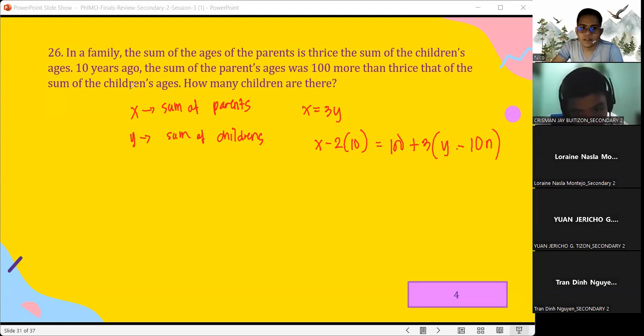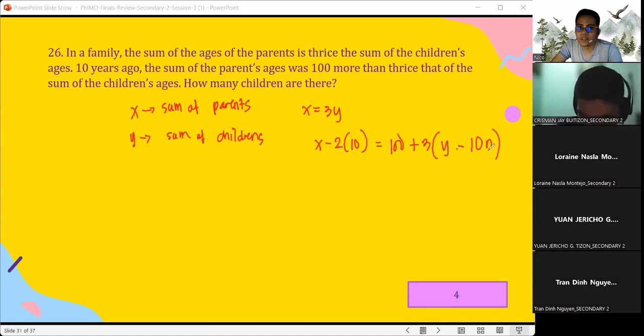So again, 10 years ago, the sum of the parents' ages, this one, x minus 20, because there are two parents and it was 10 years ago, so minus 20, was 100 more than thrice the sum of the children's ages. This is 10n because we don't know how many children there are, right?